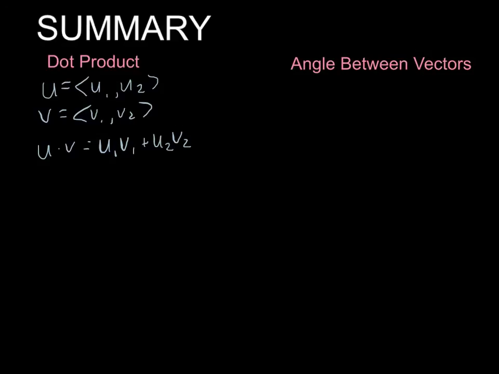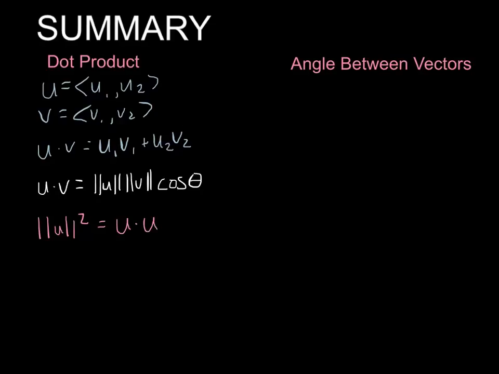An alternative formula would be the magnitude of u times the magnitude of v times cos theta. And we also want to keep in mind that the magnitude squared is equal to the dot product of a vector times itself. To find the angle between two vectors, we derived this formula.